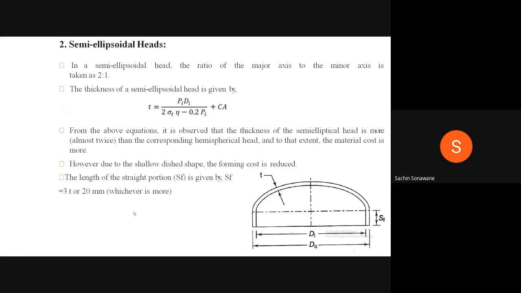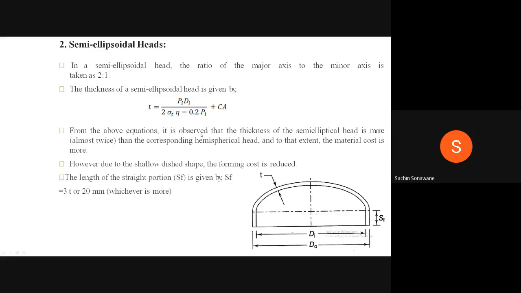Now, semi-ellipsoidal heads. In a semi-ellipsoidal head, the ratio of the major axis to the minor axis is taken as 2:1. The thickness of a semi-ellipsoidal head is given by t = pi Di / (2 sigma t eta - 0.2 pi) + Ca, meaning corrosion allowance.